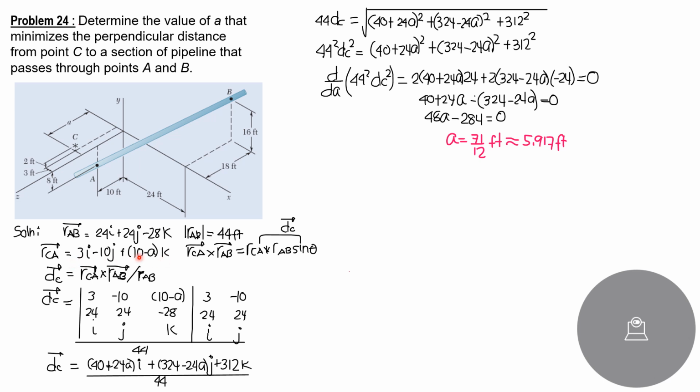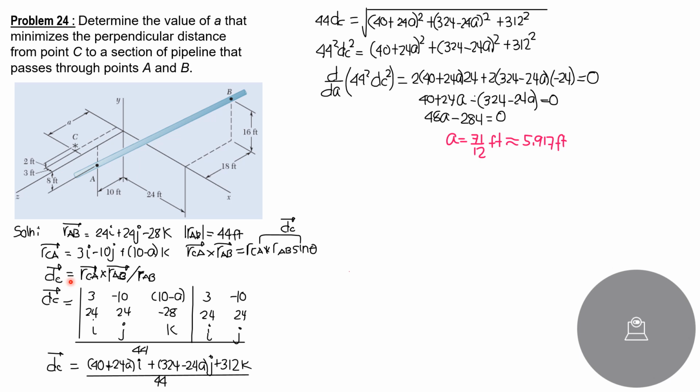We then note that when we cross RCA with AB, it is the vector expression for the perpendicular distance of point C from AB. Or if you expand, this is the magnitude of RCA times the magnitude of RAB times the sine of the angle between them, sine of theta, for example. Then we note that RCA sine of theta is D sub C. But this is a vector because this is a cross product.